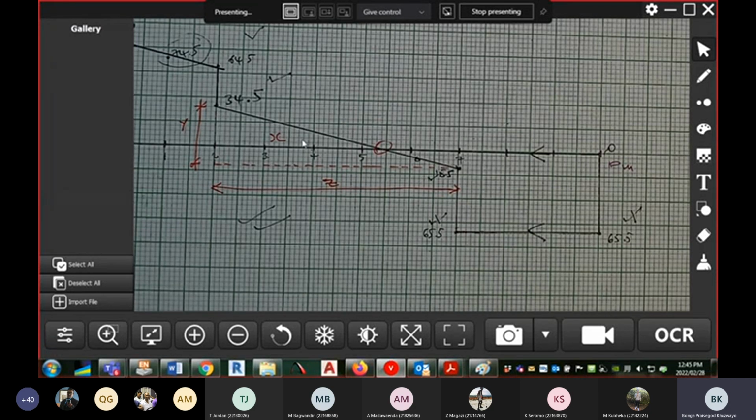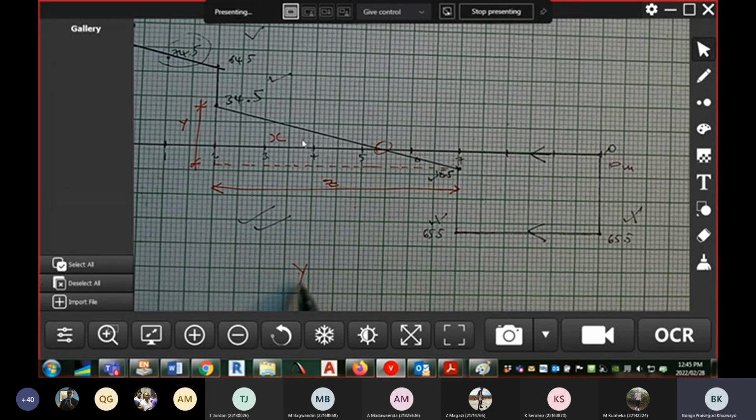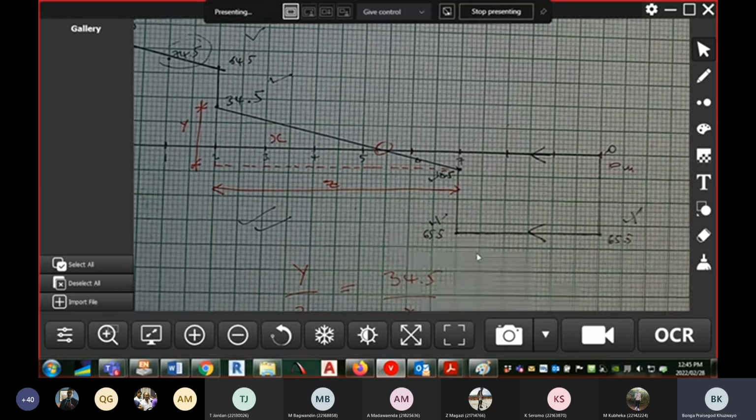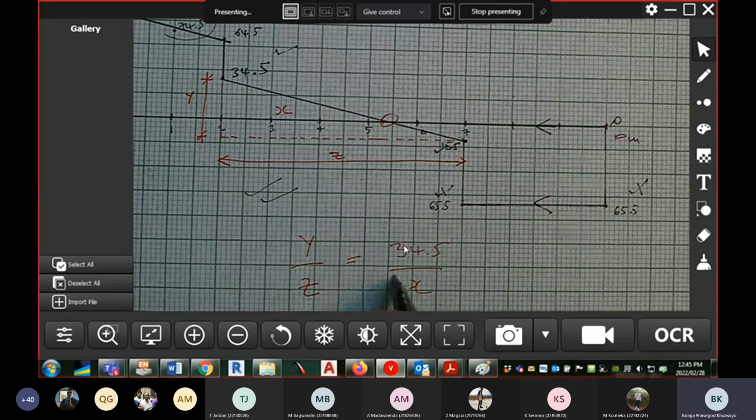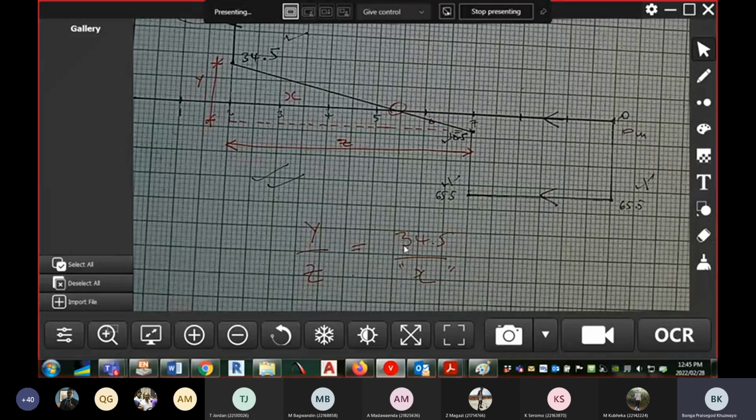So in this case, you can simply say y over z equals 34.5 over x. Right, then you solve for x. You know what y is, you know what z is. All you really need to work out here is x.